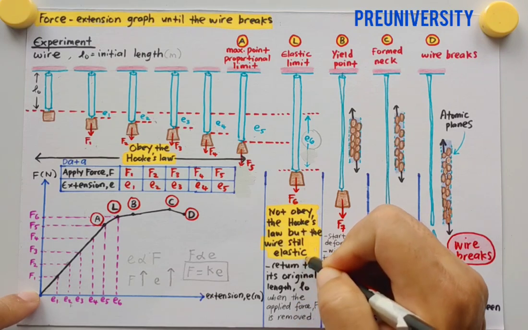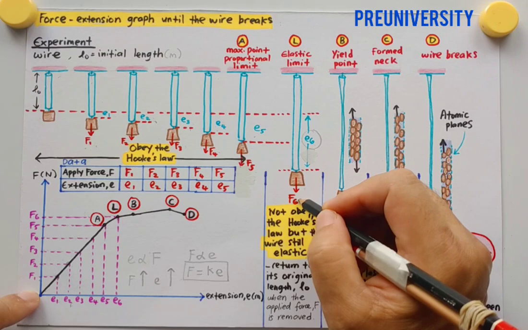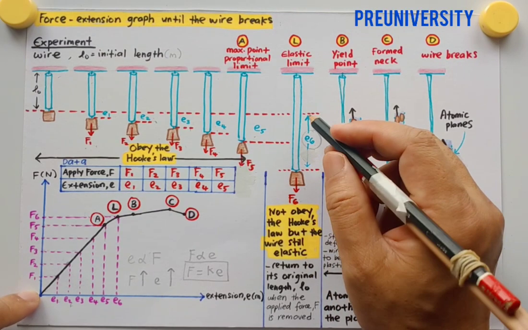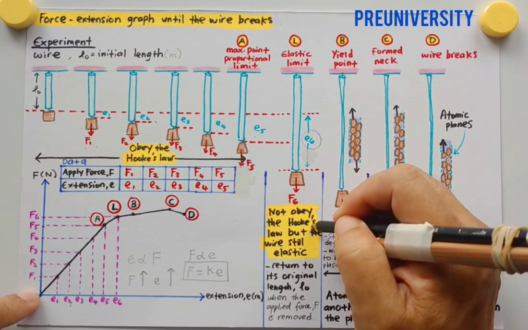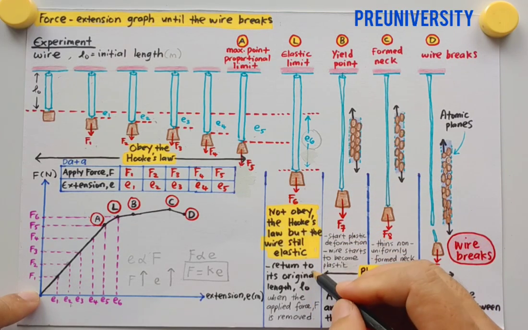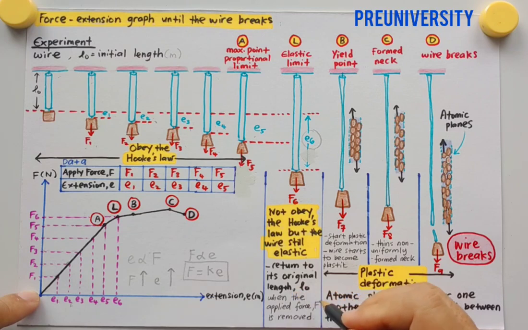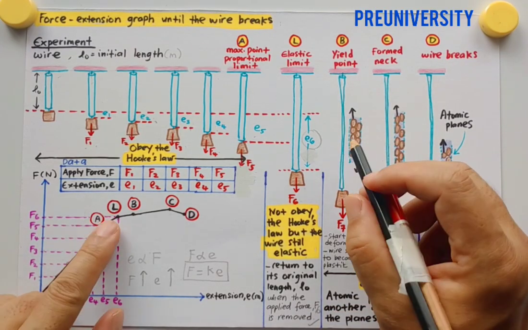That means for the F6, we apply force F6, the wire still extends, but in this case, it does not obey Hooke's law, but the wire still returns to its original length L0 when the applied force F6 is removed. Okay, so in this case, we have the point L.